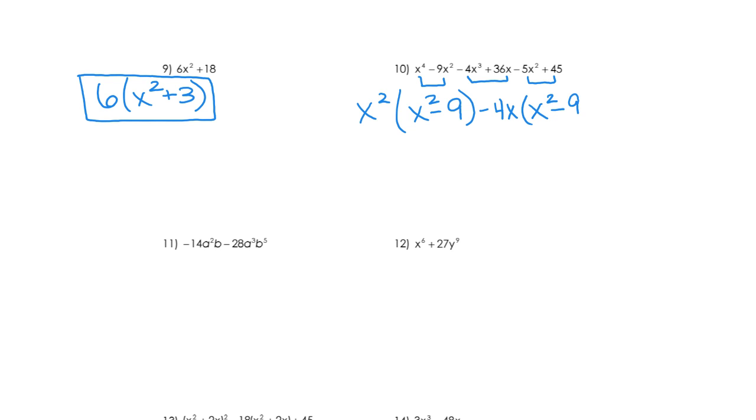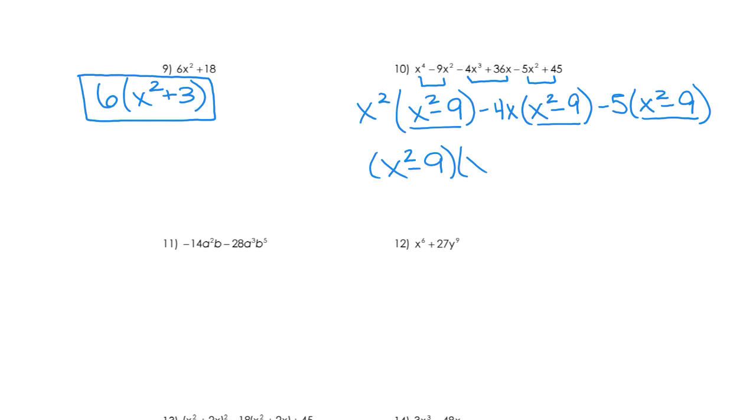Out of the last group, it's negative, and 5 can be taken out. Leftover would be an x squared minus 9. And again, in factor by grouping, all those have to match. And so x squared minus 9 becomes one of our factors.